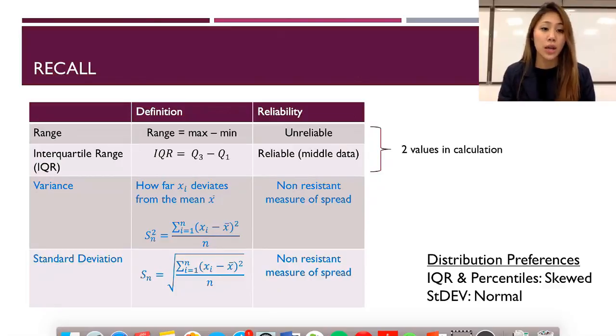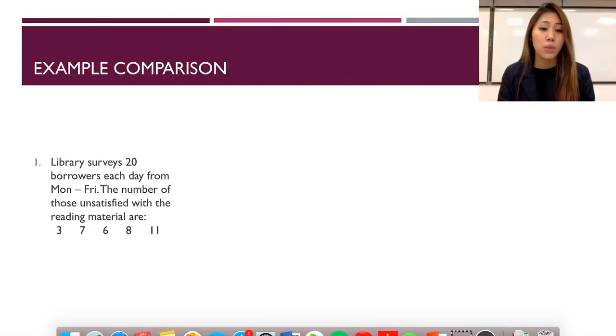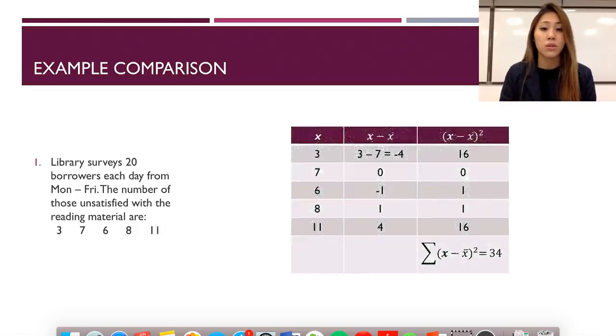Let's take a look at an example. A library surveys 20 borrowers each day from Monday through Friday. The numbers of those unsatisfied with the reading materials are 3, 7, 6, 8, and 11. That means on Monday, 3 out of 20 borrowers are unsatisfied with the reading material. On Tuesday, 7 out of 20 are unsatisfied, and so on.